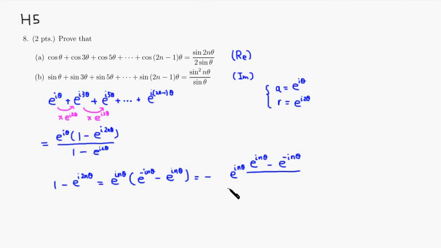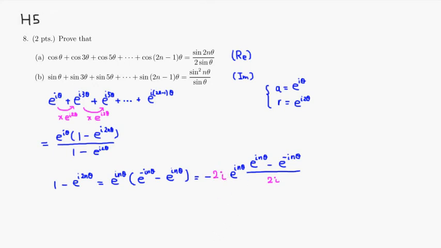The reason I wrote it in this form is that this is almost the definition of sine n theta. All we need is a 2i on the bottom. We can't just divide by 2i, so we multiply by 2i so we don't change anything.